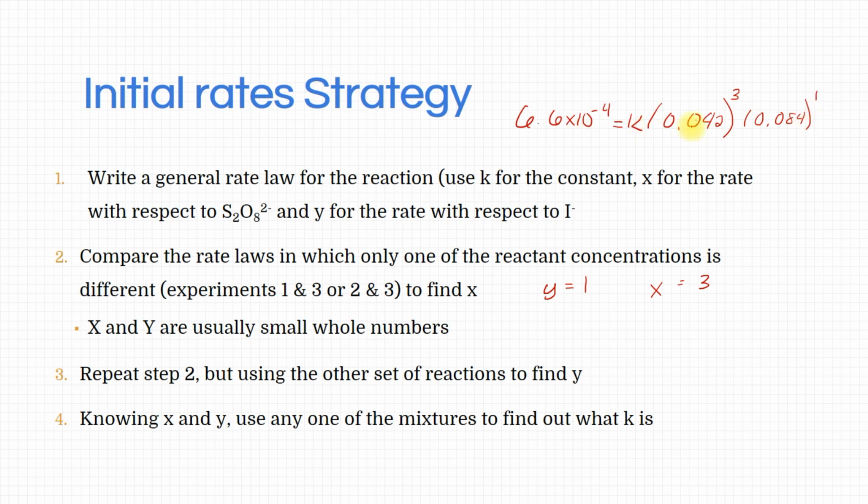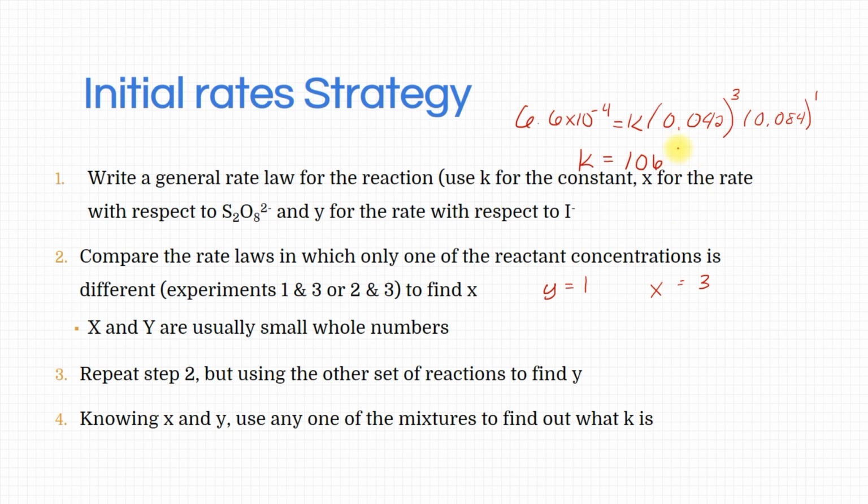So now all I've got to do is a little bit of algebra, right? 0.042 cubed times 0.084. And so that's a really little number. And I'm going to take that 6.6 times 10 to the negative 4, so I'm using the E button again, divided by my answer, which is 0.00006. Our final k value is 106.